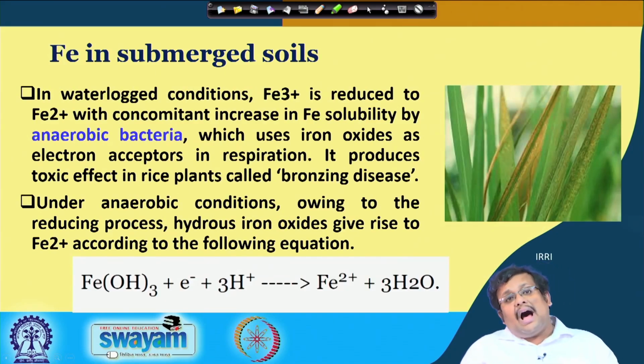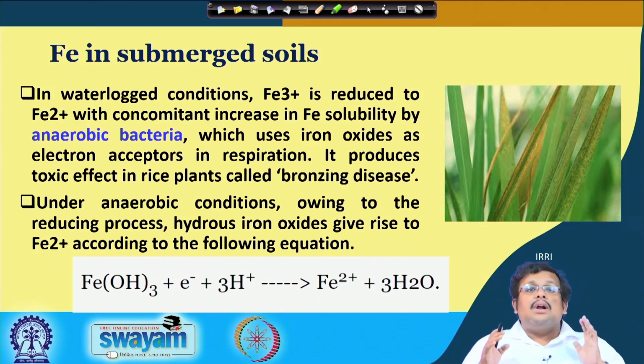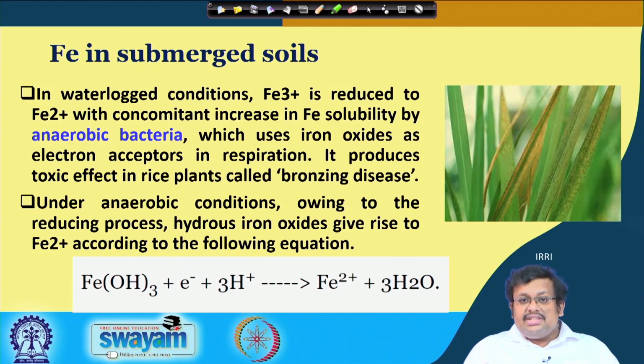Now, to talk about the iron in submerged soils. Basically in waterlogged condition, ferric is reduced to ferrous. We have already discussed that, with concomitant increase in iron solubility by anaerobic bacteria, which use iron oxides as the terminal electron acceptor in the respiratory chain.